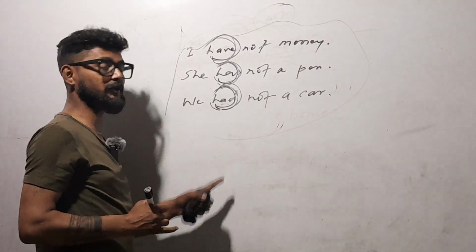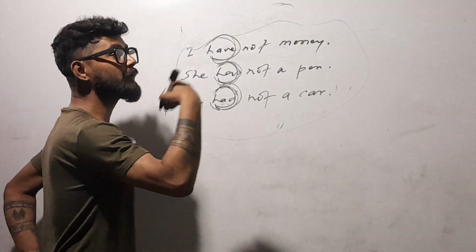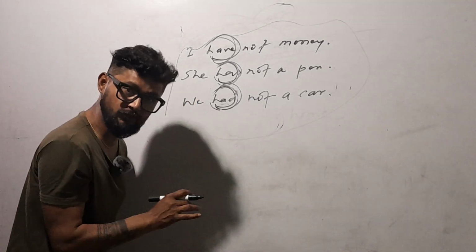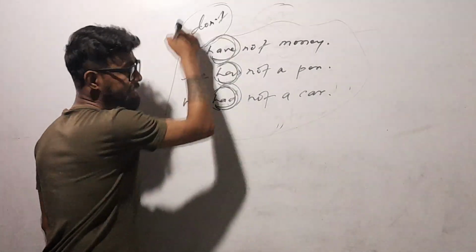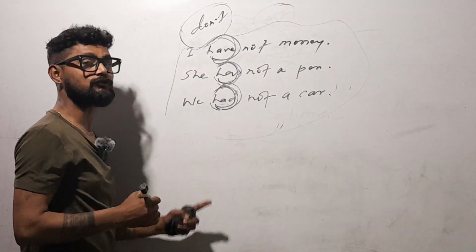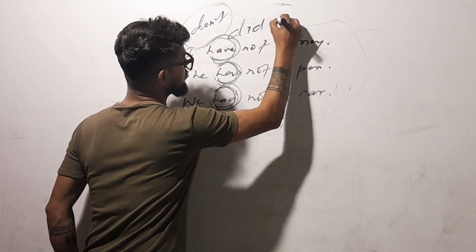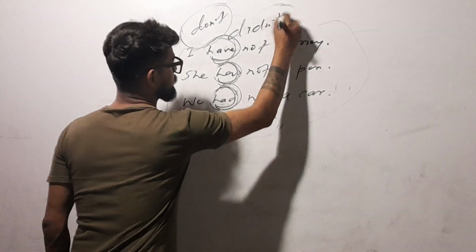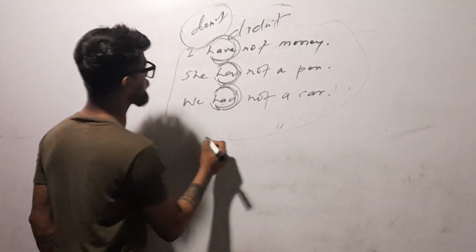And in the last video, you had been taught where we get verb 1 in the sentence, we have to use there don't. Where we get verb 2 in the sentence, did not or didn't. Where we get verb 5 in the sentence, we must use there doesn't.